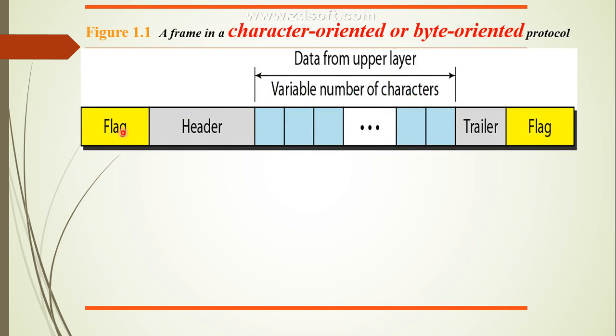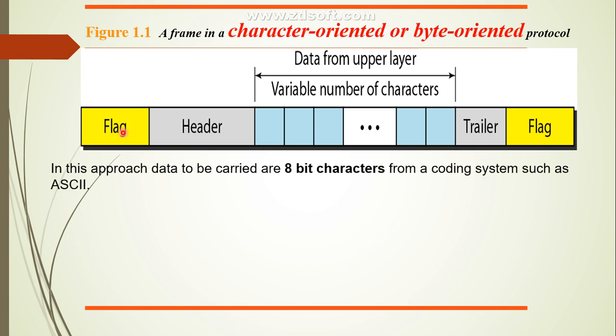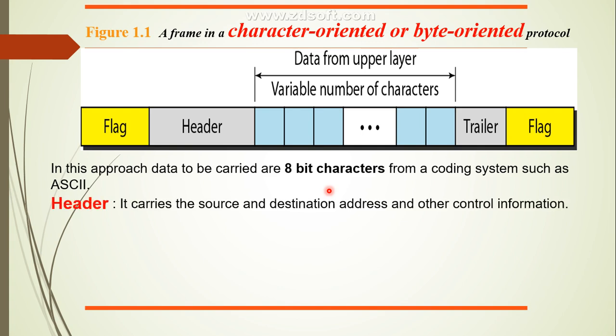Now first we start with the character oriented approach. In this approach, you can see in the figure, guys, the data to be carried are 8-bit characters from a coding system such as ASCII, and the header normally carries the source and destination addresses and other control information.